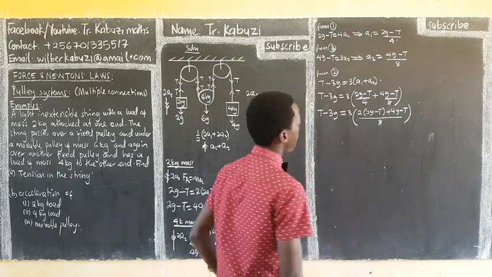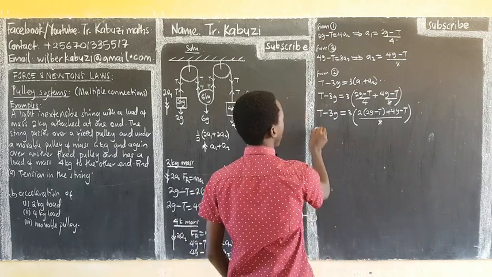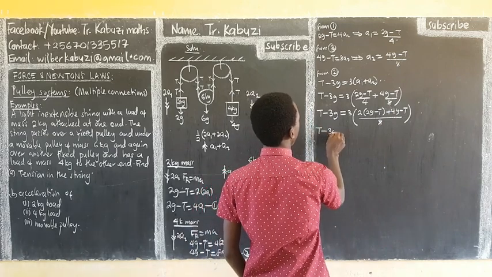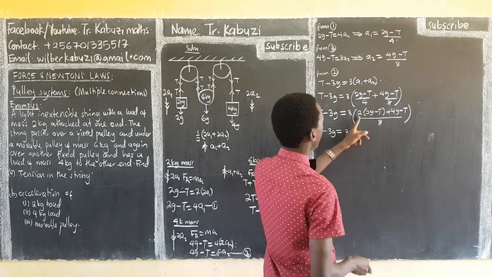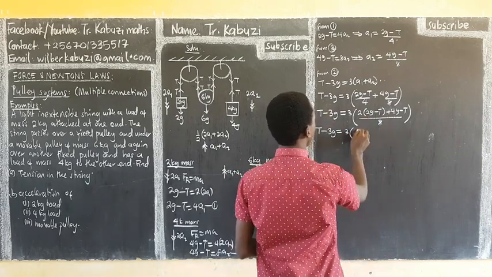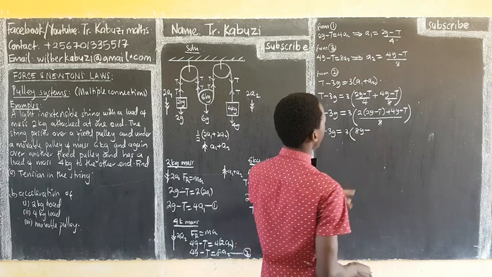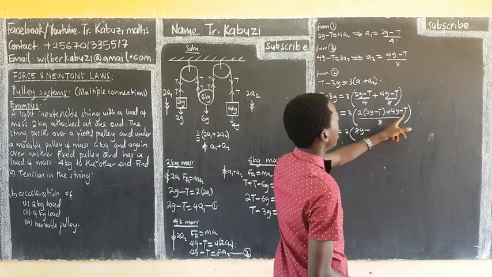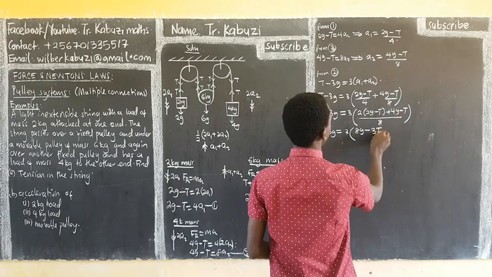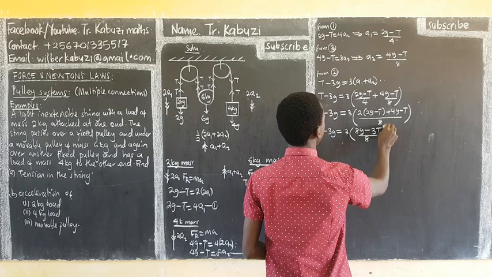That's what we have. Simplifying, t minus 3b will be equal to 3 into 4b plus 4b, that will be 8b, then minus 2t minus t, which is 3t, all over 8.